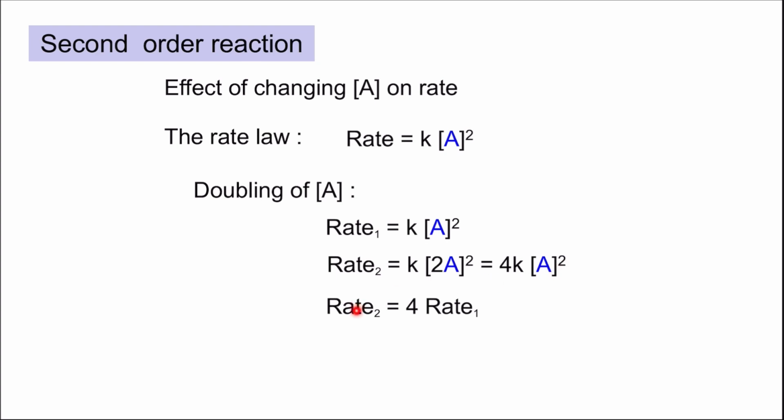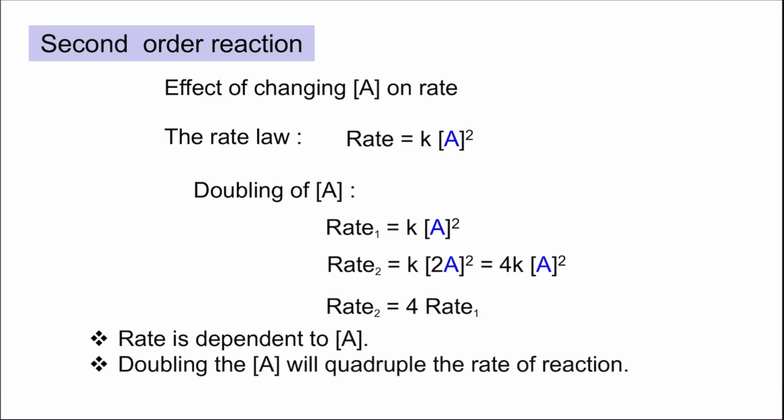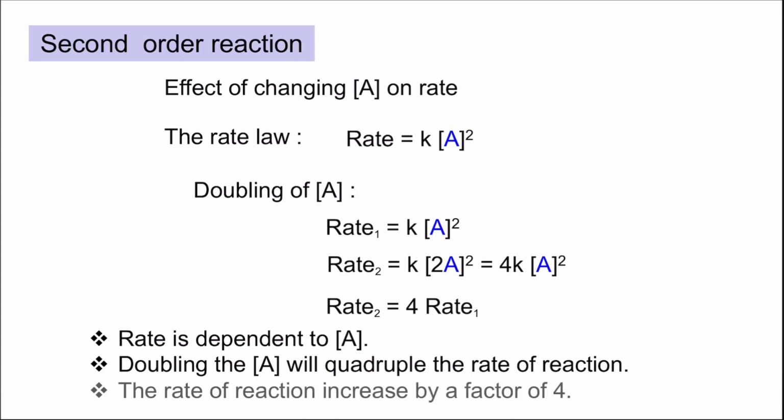So, dekat sini apa yang saya boleh conclude adalah rate yang kedua ni bersamaan dengan 4 kali ganda rate yang pertama. So, kita boleh conclude rate is dependent to the concentration of A. Di mana kalau awak double the concentration, dia akan quadruple the rate of reaction. Maknanya, nilai rate awak akan jadi 4 kali ganda. Increase by a factor of 4.